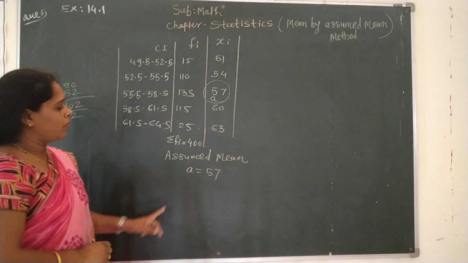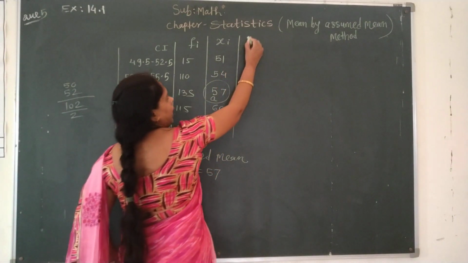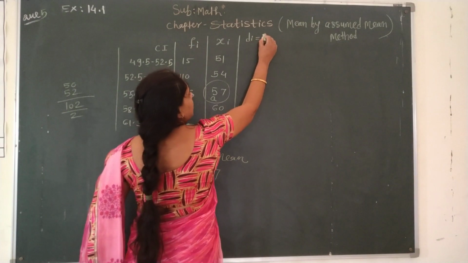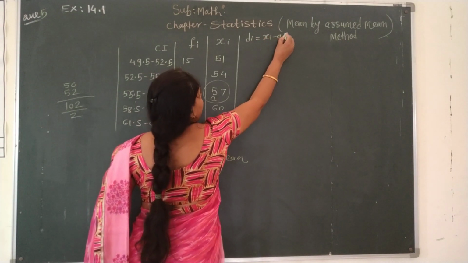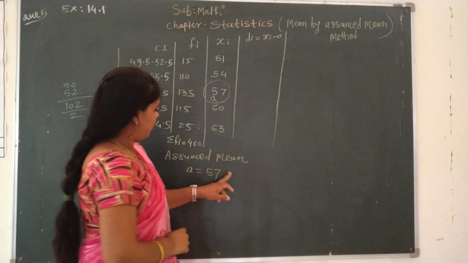Now the next column for this method is di. di means xi minus A. Now here A is 57.